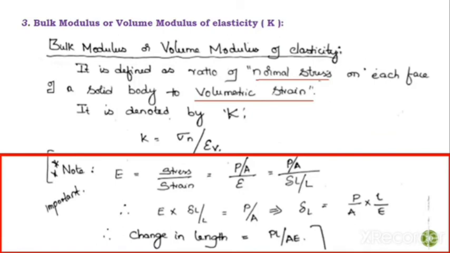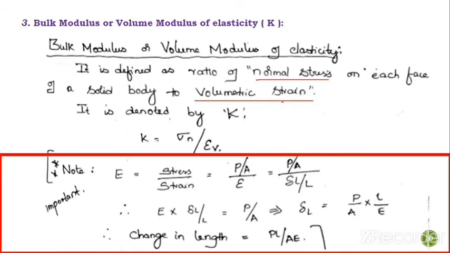Now what do you mean by normal stress and volumetric strain? Volumetric strain is the change in volume. If you take a two-dimensional body which has a length and a width, and you elongate it, it is going to elongate only in the two directions, so you see the change in the longitudinal direction and lateral direction.